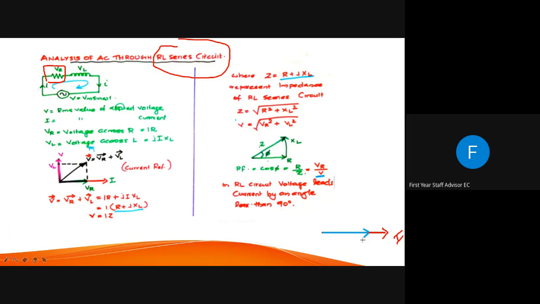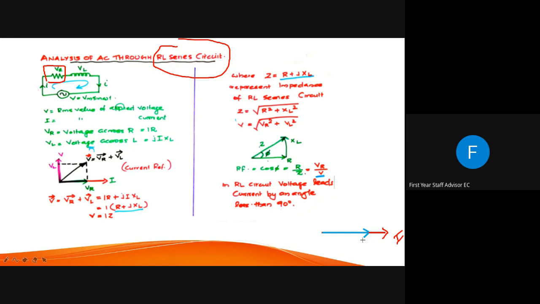That is what we were discussing in the class the day before yesterday. There is no phase difference for a pure resistor. Here also we have done the same thing, but we have made I the reference.